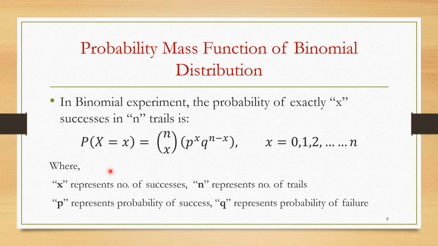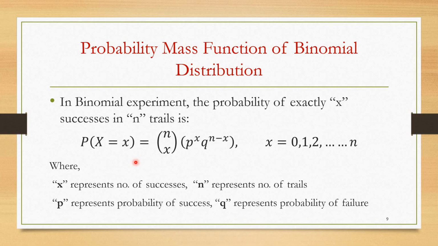We know that probability of success and failure are complementary. If p is known, we can find q. What is the value of q? 1 minus p. And when n is known, we know the range of x. We will put any value of x, and we will get the required probability. This is all for this part. Thank you.